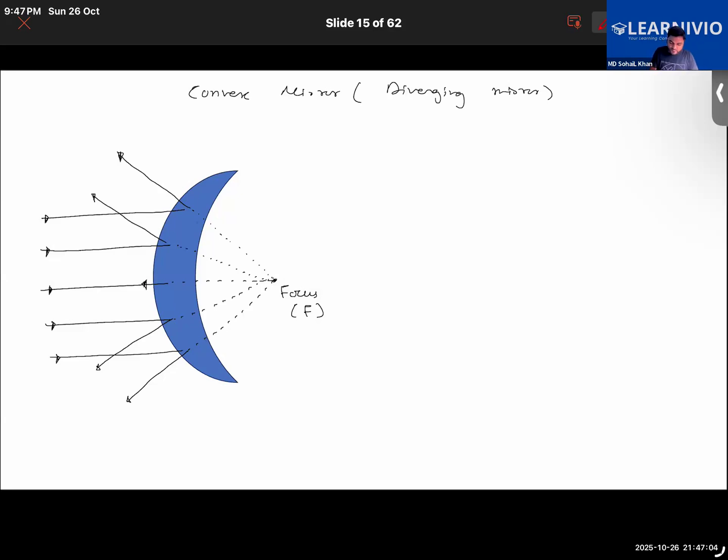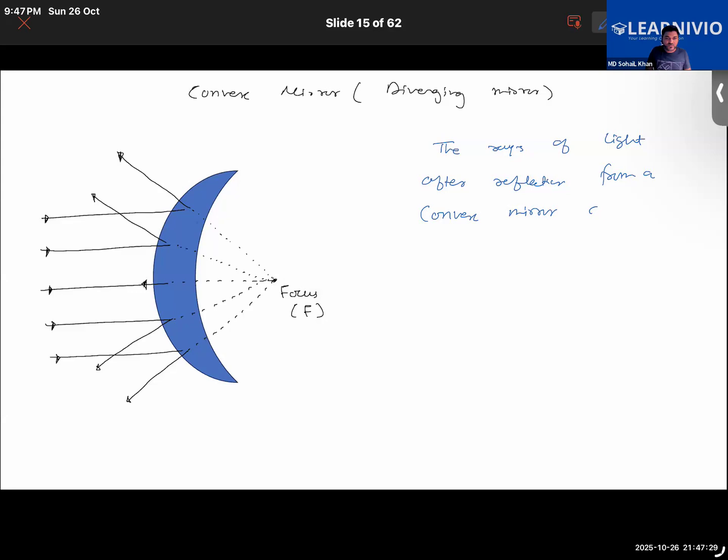So the rays of light after reflection from a convex mirror diverge; basically they spread out into different directions.